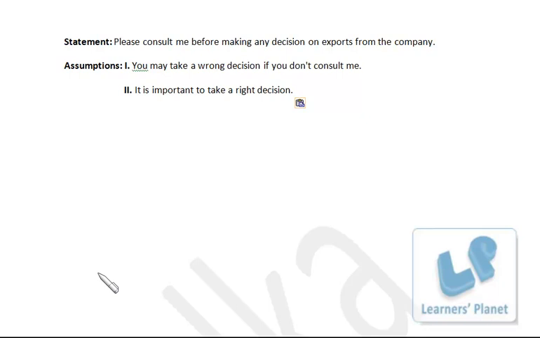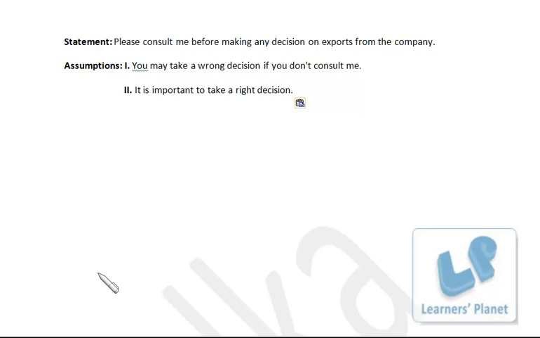Now the assumption: you may take a wrong decision if you don't consult me. It may happen, right? See what happens in companies or in offices. There is a difference between the thinking or the decision ability of a senior and a junior, right? Junior is in a learning process and a senior is experienced enough to take the decision, right?